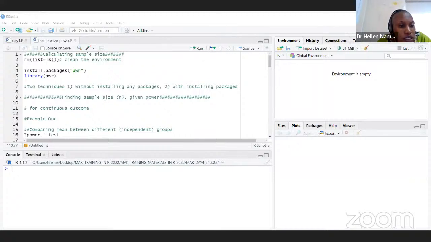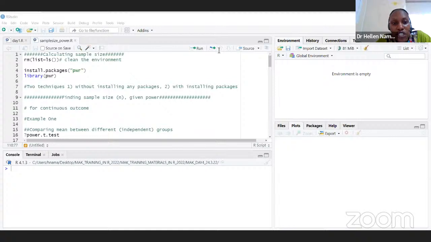Remember, when installing, we use the install.packages command. Then once we successfully install, we load PWR, because we need some of the inbuilt functions in that package when we are computing N.